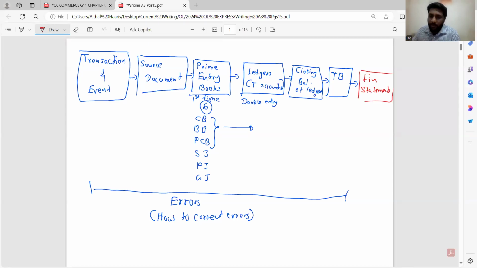So for O-level, you will be learning 2 financial statements. One financial statement of profit or loss.